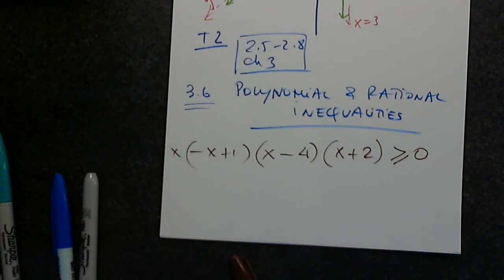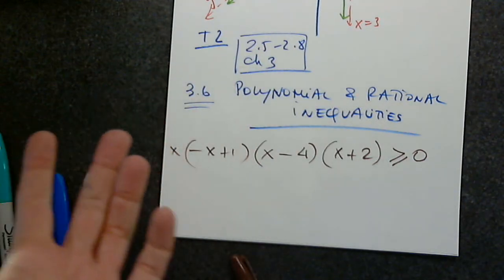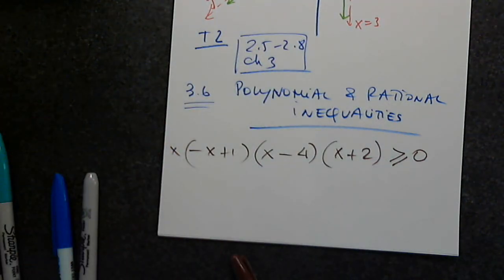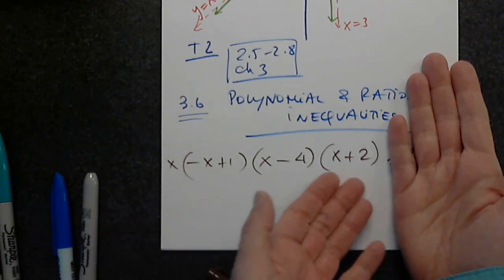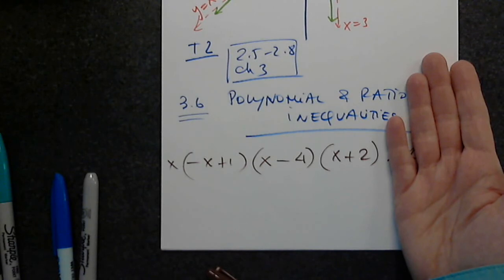So what is this? The symbol clearly says it's an inequality. It's not an equation. We know that. Now the second thing is, let's look at the left-hand side. What do we see here? Polynomial.